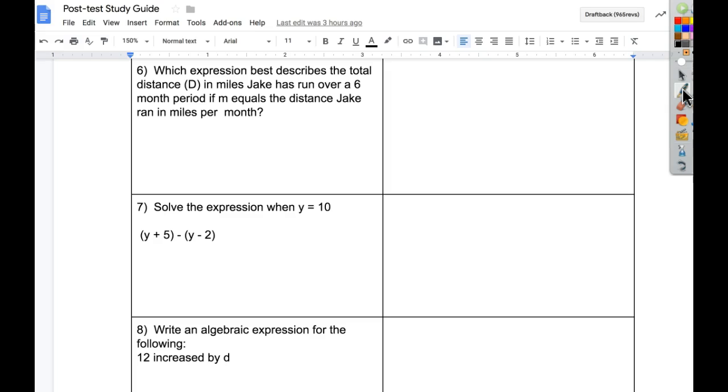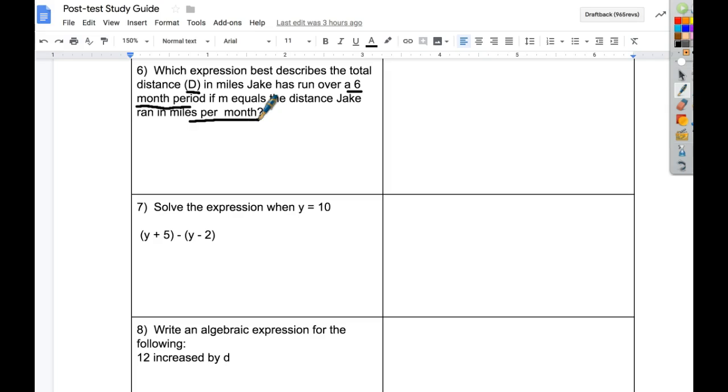Which expression best describes the total distance, D, in miles Jake has run over a 6-month period? He's been running for 6 months. Well, not continuously. He's been running track for 6 months. If M equals the distance Jake ran in miles per month.